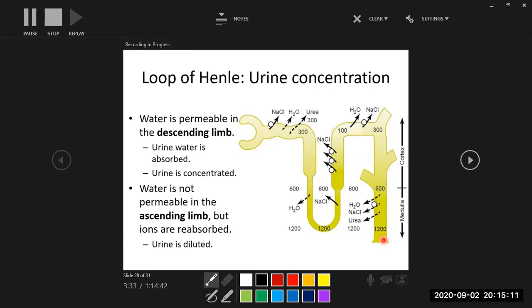And a very powerful one is the loop diuretics, because this one affects about 20% of salt reabsorption.